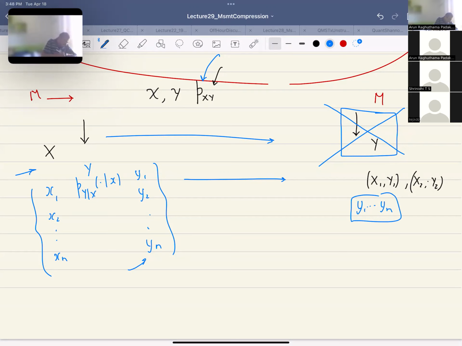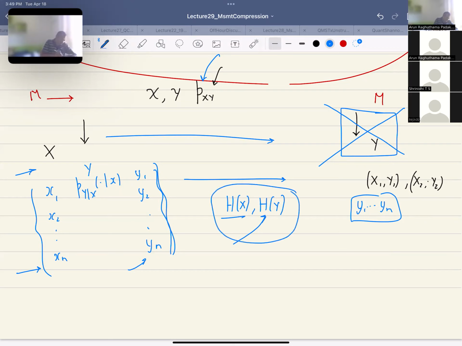That will require either h of X or h of Y number of bits per sample in general. She can wait for a long time, compress that and send it with so many bits, or she can pull out the Y and send it with so many bits. The question is, for our problem at hand, does Alice need to communicate so much?